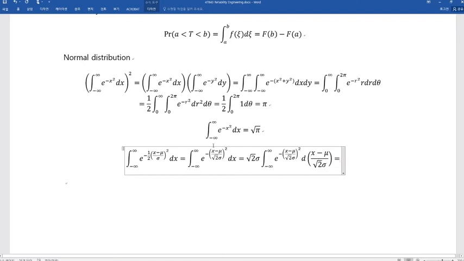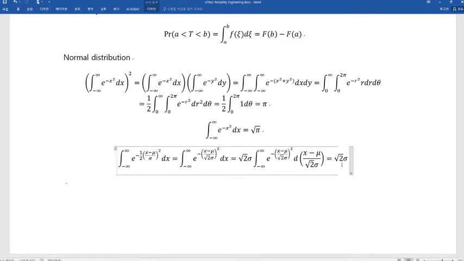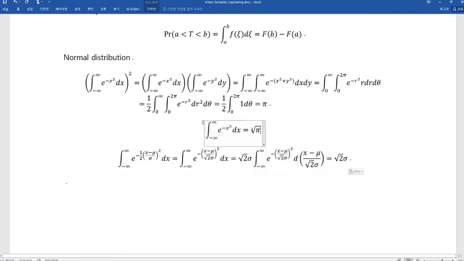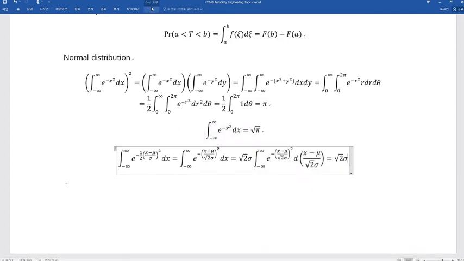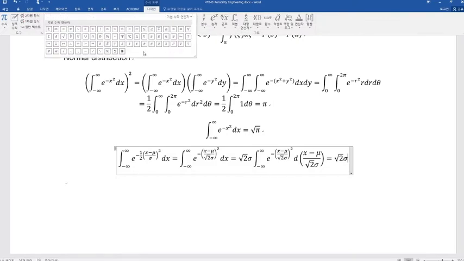The result would be the same as this one, multiplied with square root of 2 sigma, and that means this part alone will be square root of pi.